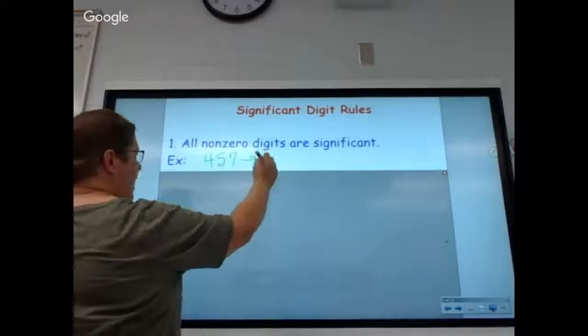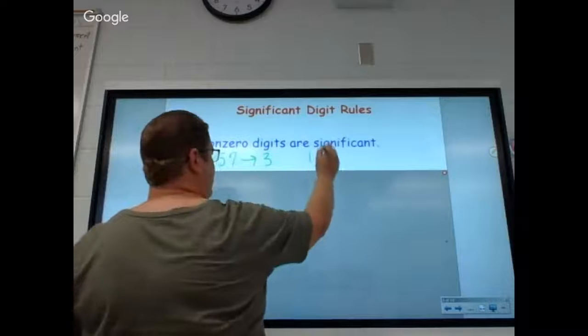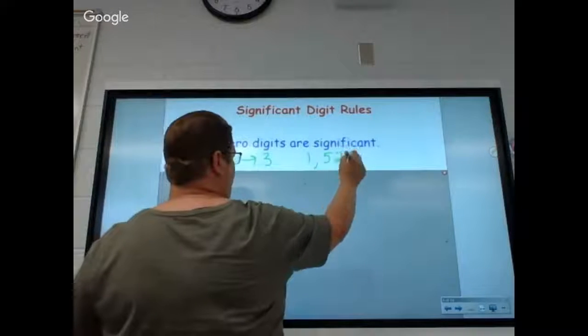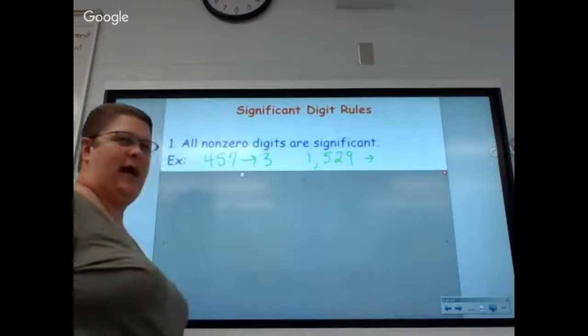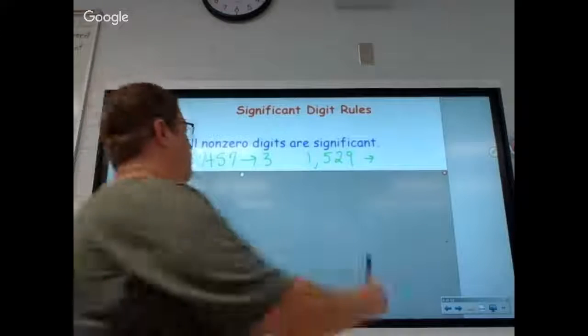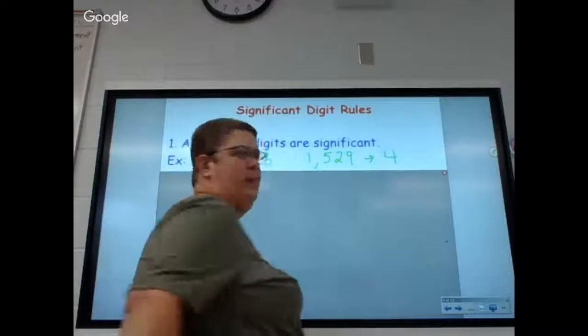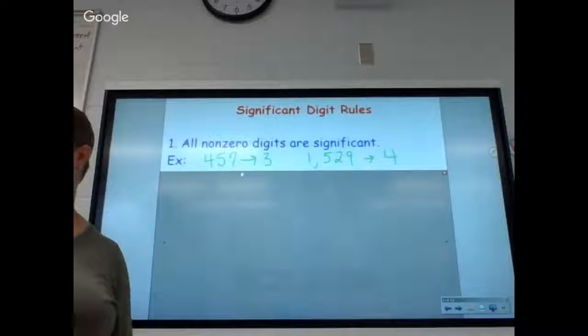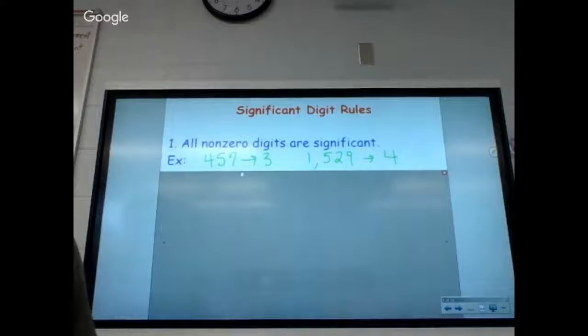Okay. If I write a number like 1,529, how many significant numbers do I have? Okay. Everybody with me? They're all significant because they're not what? Zero. So what do you think the other 5 rules have to do with? If I just cover 1 through 9, they all deal with 0.